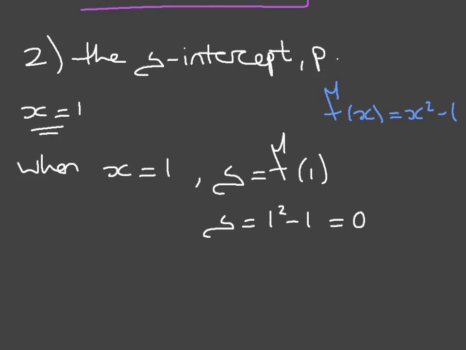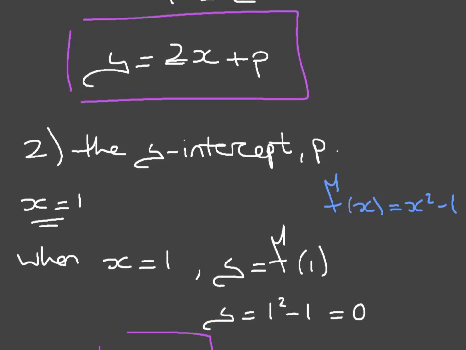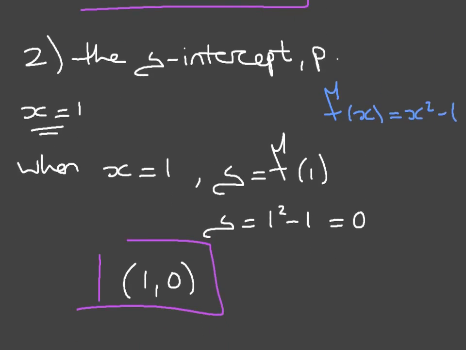In other words, we're looking for the tangent to the curve at the point (1, 0). So you may want to jot that down. Right now we have two things. We have y is equal to 2x plus p, and we know that this line has to pass through the point (1, 0).